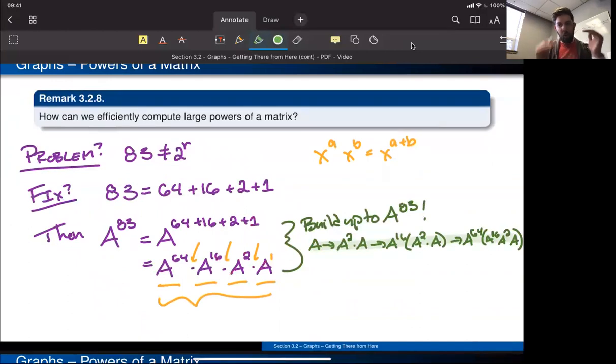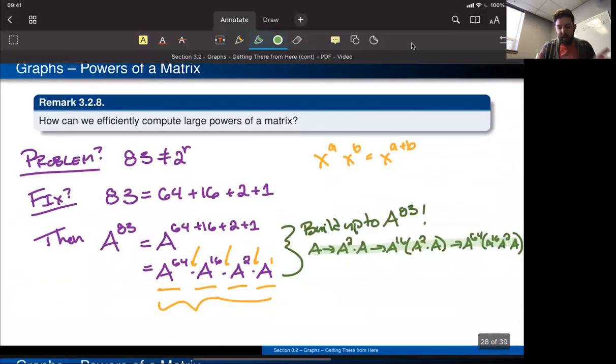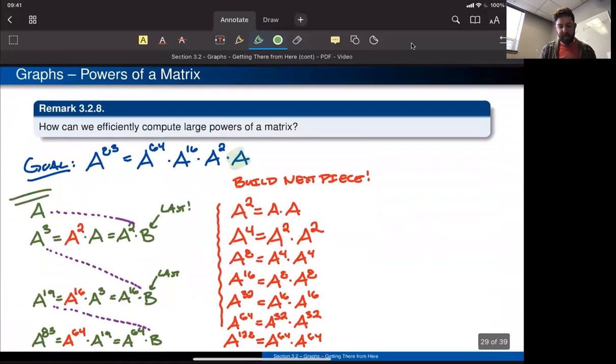While I'm building those things up, I'm going to be creating the next power of a that I need, so they're happening simultaneously. I'm not going to build this whole blue list and then build this nested structure, because I maybe don't know how far I need to go. So I'm going to do these things in tandem.